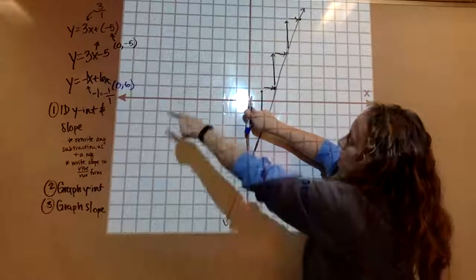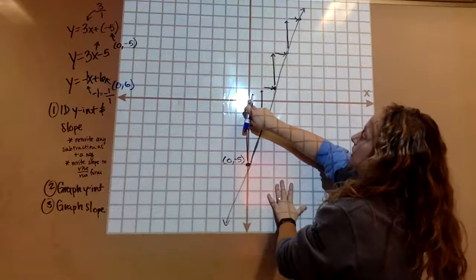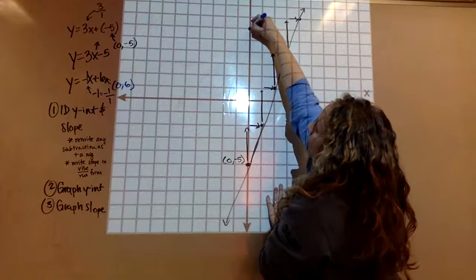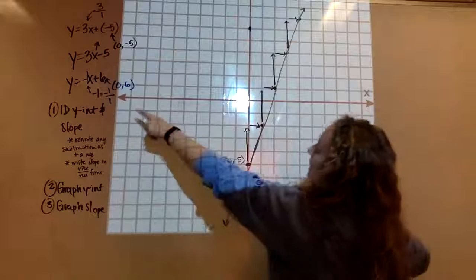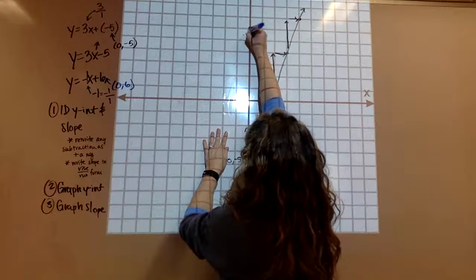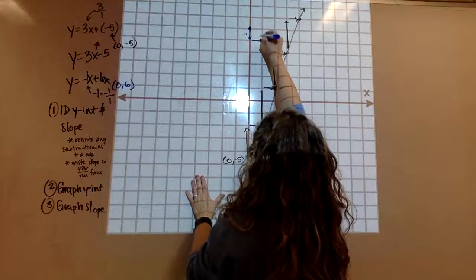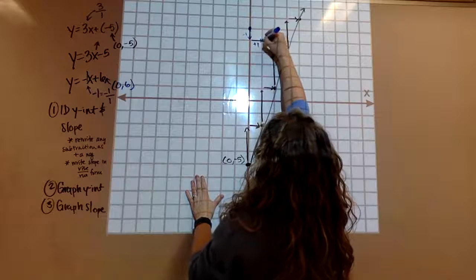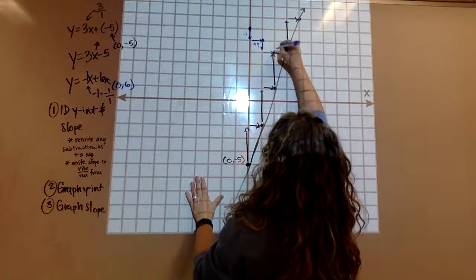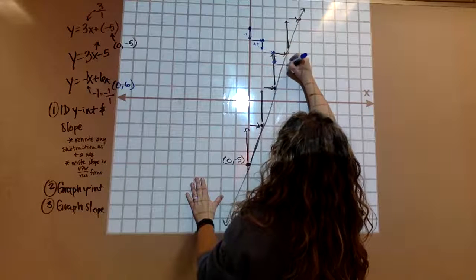(0, 6), starting with my y-intercept. (0, 6), 1, 2, 3, 4, 5, 6. Now I'm going to graph my slope. Same thing as before. I'm going to find the rise, which in this case is negative 1, versus the run, which is positive 1. And I'm going to draw a dot. Down one, to the right one, draw a dot.